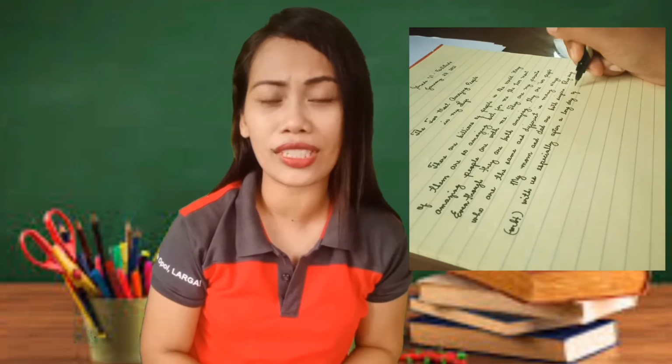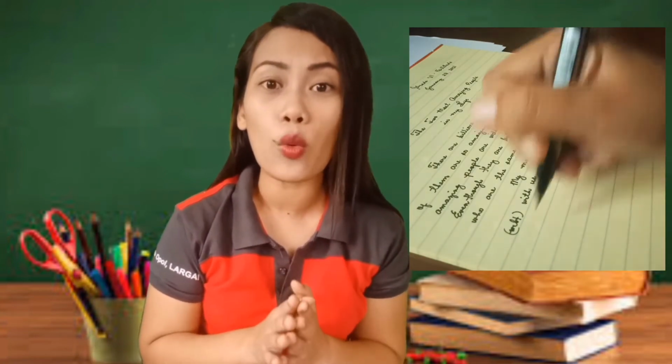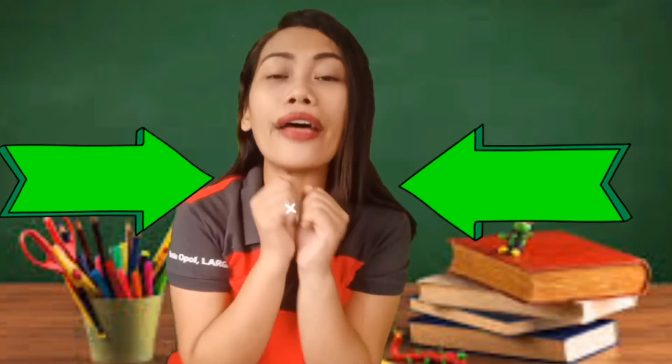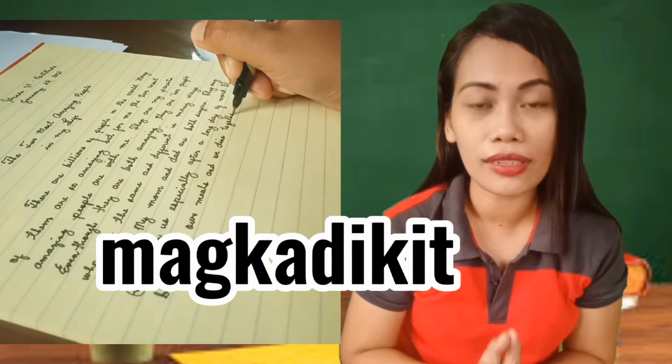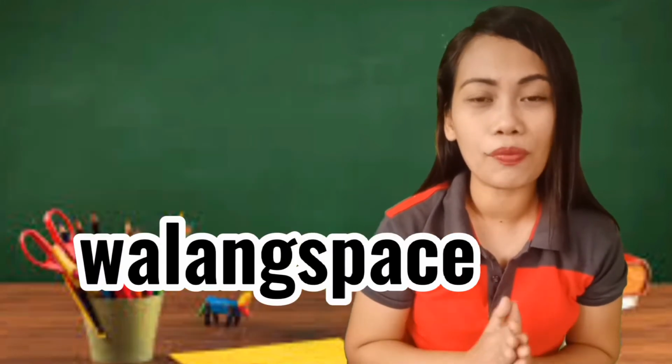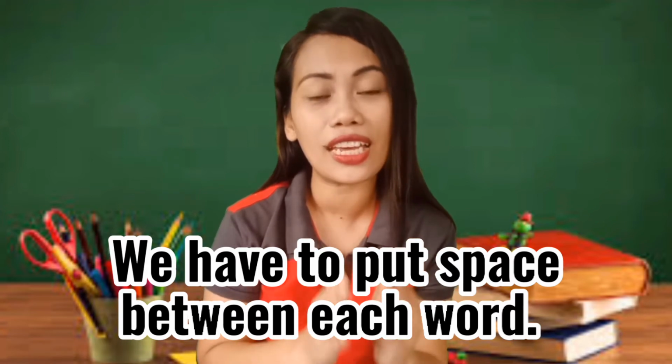Another thing is the spacing. Nagwa-wonder talaga ako, kids, bakit ang iba kapag nagsusulat, yung mga words ay magkadikit. Walang space. We have to put space in each word para makahinga naman sila.